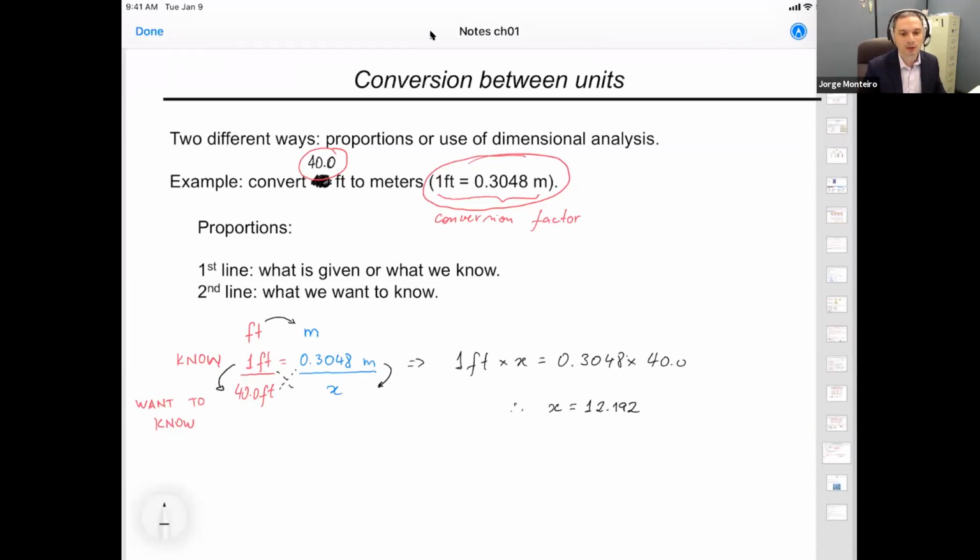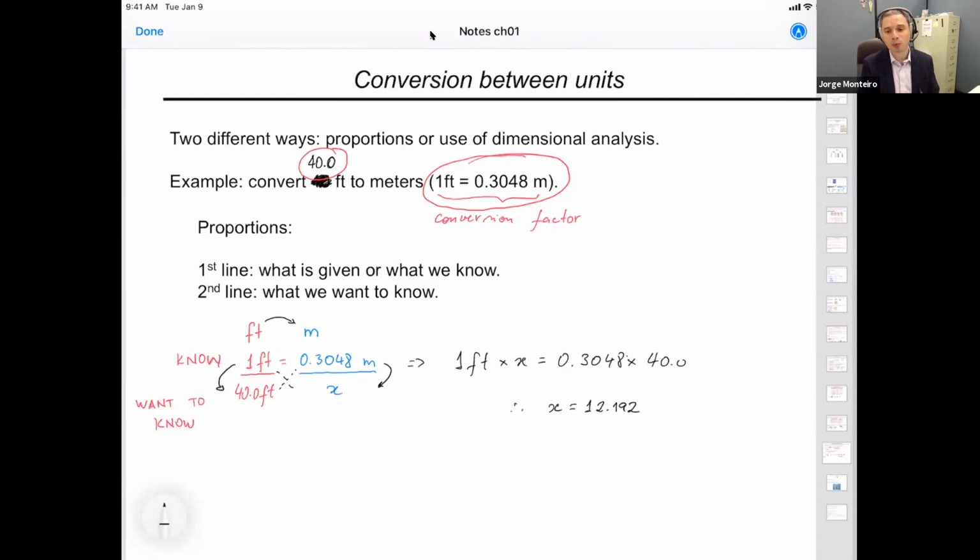If one side was multiplied by 40, the other needs to be multiplied by 40 as well. So you don't need to do many calculations to figure that out. Okay, and so we have 12.192, which was the result that the calculator gave us.